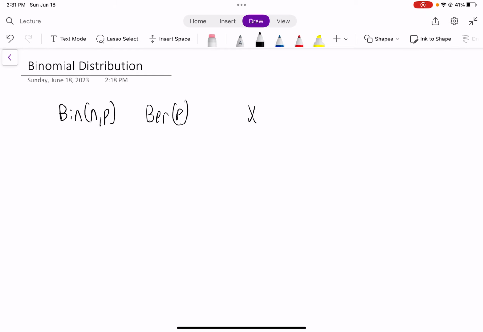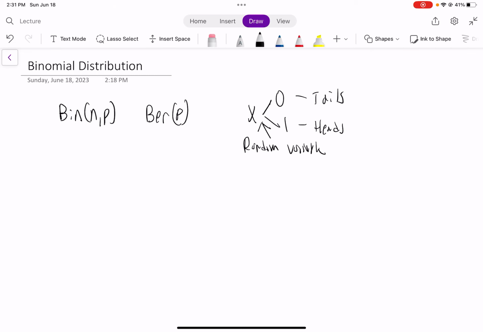Now, X is a random variable such that it can take values 0 or 1, because we either get a heads, and that's a 1, or we get a tails, and we get a 0. Two distinct outcomes for Bernoulli. Notice we're tossing this coin one time. If we were to toss this coin many times, then we would have a binomial distribution.